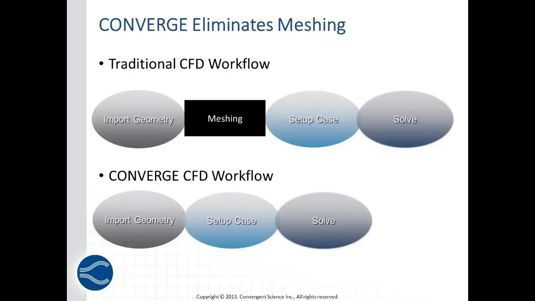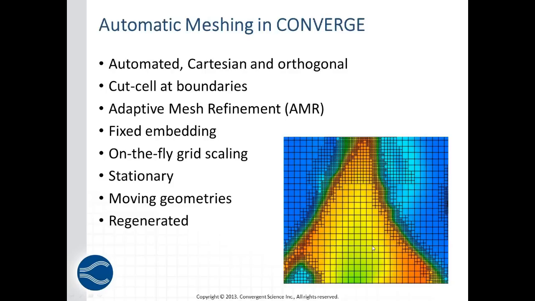One of the things that most users really like about it is that they have complete control over that mesh, and complete consistent control over the CFD workflow. So they get the geometry from the CAD drawing. They're the ones that take that geometry, set up the case, and they run the solution and do all the results. So there's no discontinuity of going off to the meshing factory, so to speak.